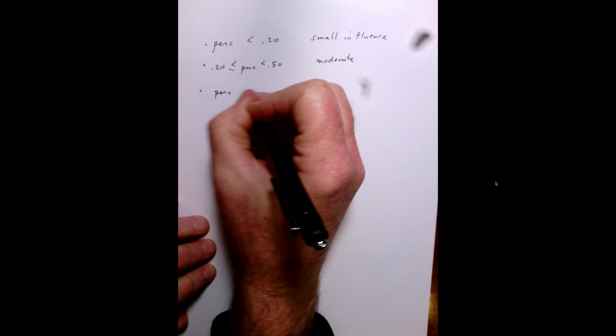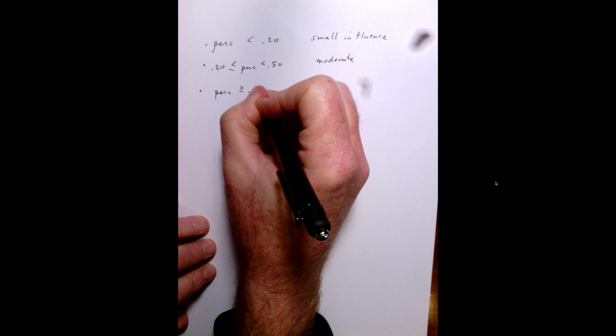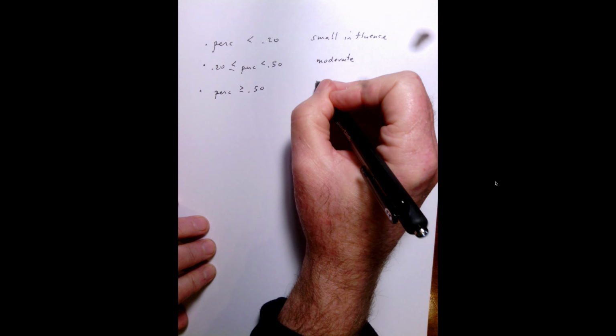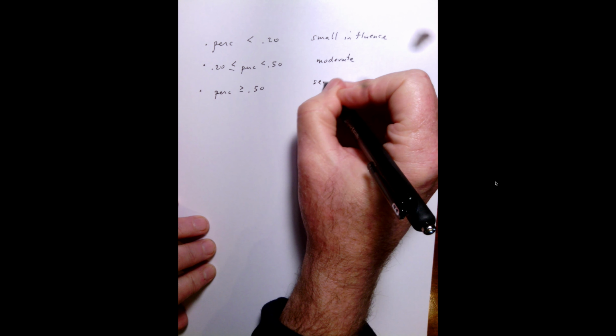But if we have a percentile greater than or equal to 0.50, then I would classify that as a serious influence, and I would consider taking remedial measures, most likely deleting the ith case from the study, from the analysis.